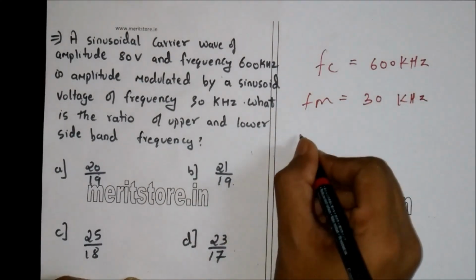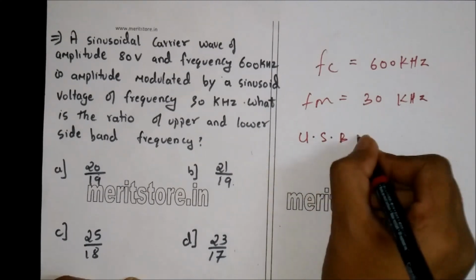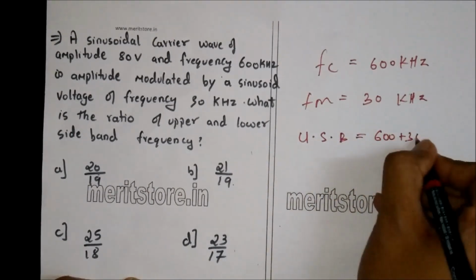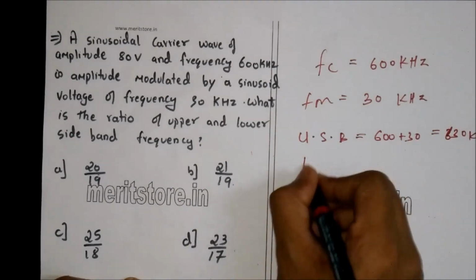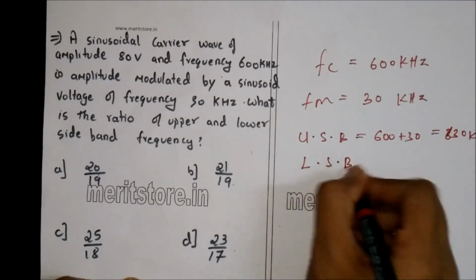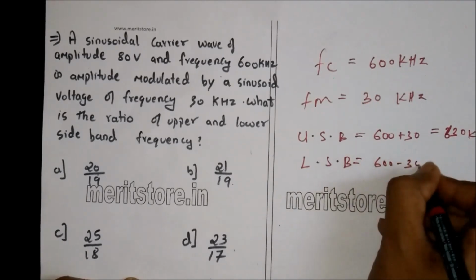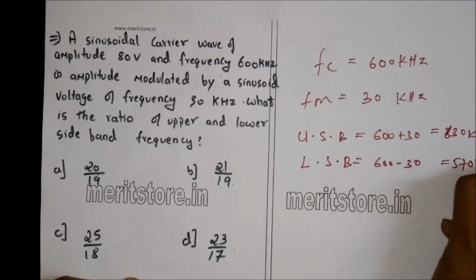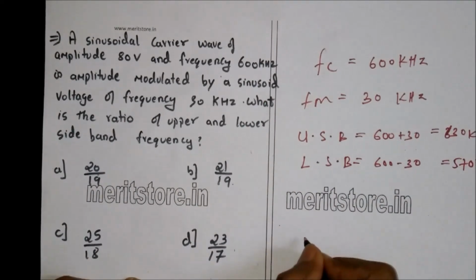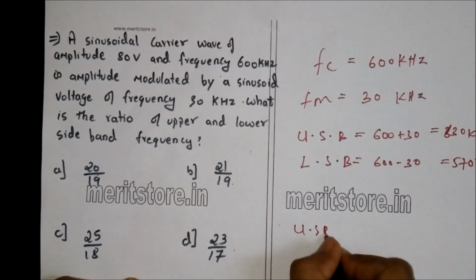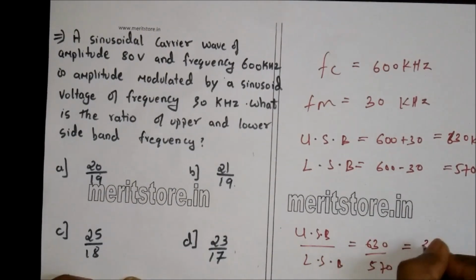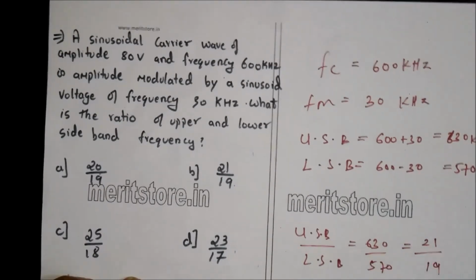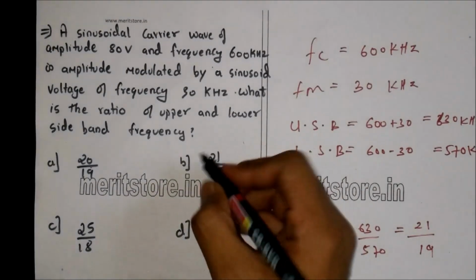Now, the upper sideband frequency USB will be equal to 600 plus 30, which is 630 kilohertz. And the lower sideband frequency LSB will be equal to 600 minus 30, which is 570 kilohertz. Now, the ratio of the USB and LSB, that is upper sideband and the lower sideband, will be equal to 630 upon 570, which is equal to 21 upon 19. So the correct answer is option B.